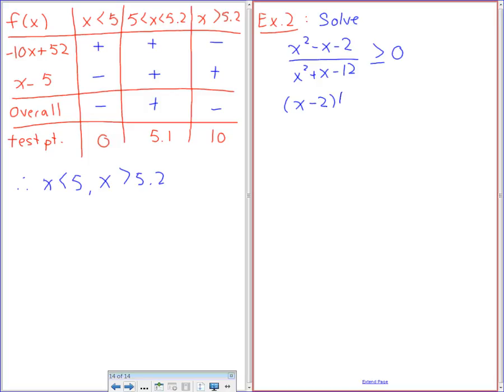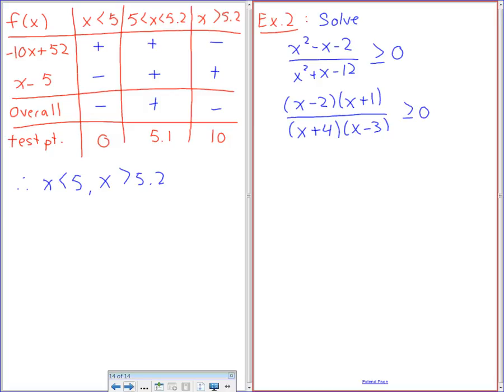Yeah, negative 2 and then x plus 1. Okay, Elena Waller, can you factor the denominator, please? Positive 4. Okay.